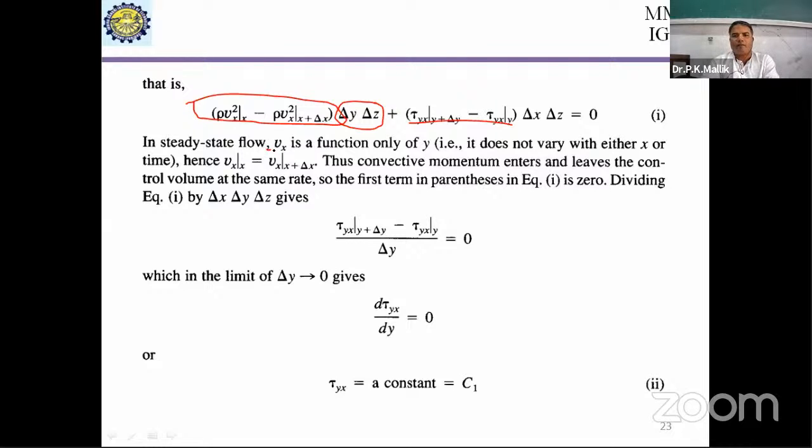Vx is the only function of y. So it does not vary with either x or time. That's why the term Vx at x and Vx at x plus delta x, both are equal. That means this term tends to be 0.